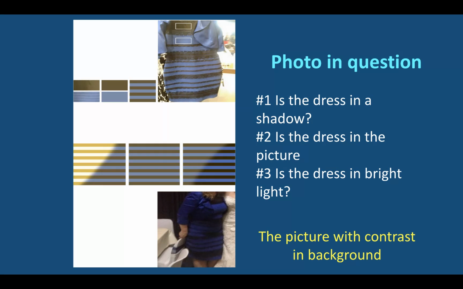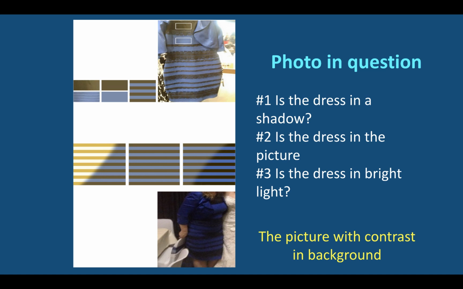So let's look at the top. The dress looks gold and white, and at the bottom it looks black and blue. As you can see, the light that is shining in the top picture is very bright. Therefore, the colors are looking a little distorted.